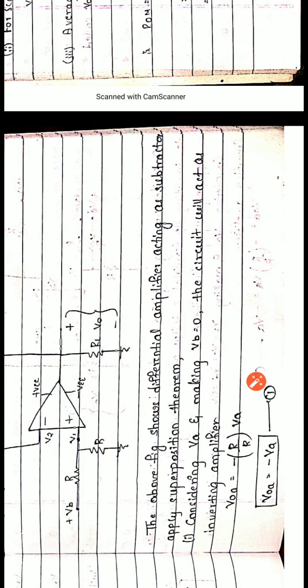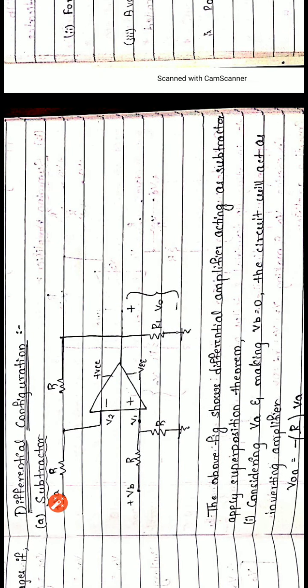For the second condition, we will make VA 0 and VB is considered as input. If I make that change here, this is connected to ground and VB acts as the input for the non-inverting terminal. Now this configuration we call a non-inverting configuration.